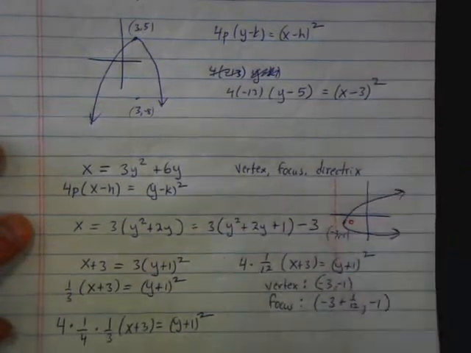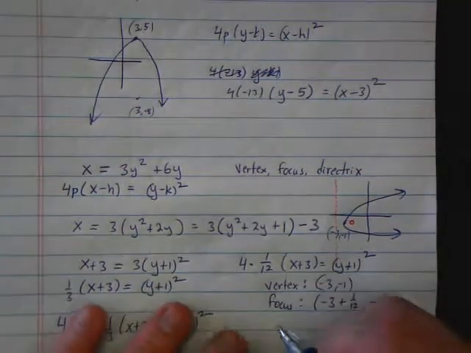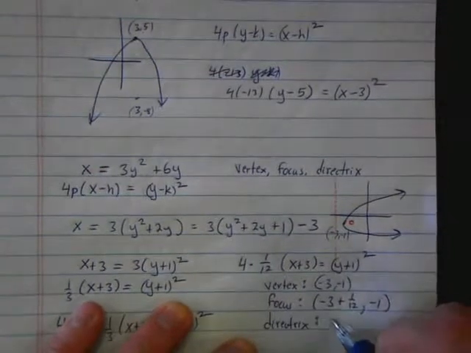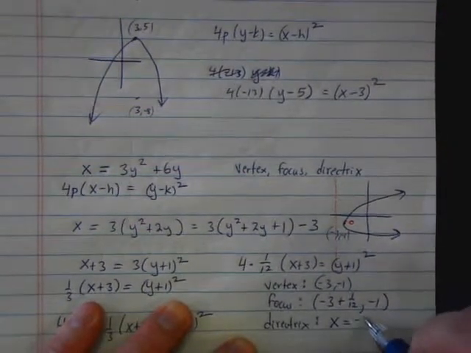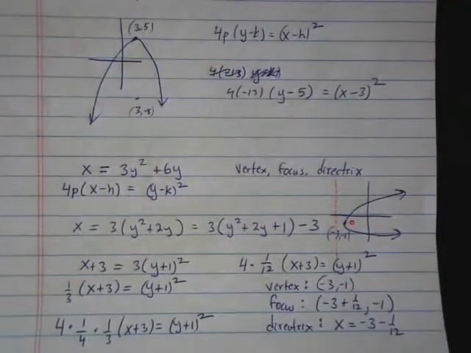What's the equation of that vertical line? It would be negative 3 minus 1/12. So the directrix, since it's a vertical line, its equation is x equals a number. In this case, it would be negative 3 minus 1/12, 1/12 unit to the left.